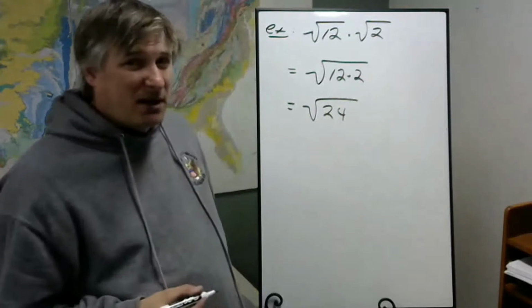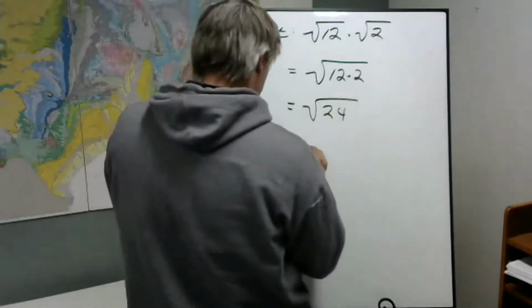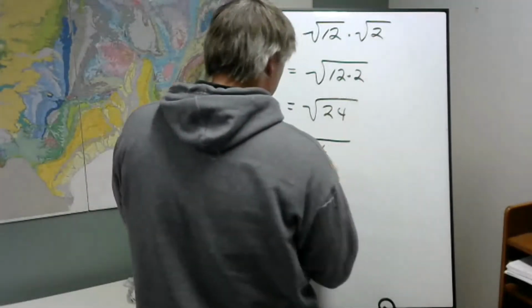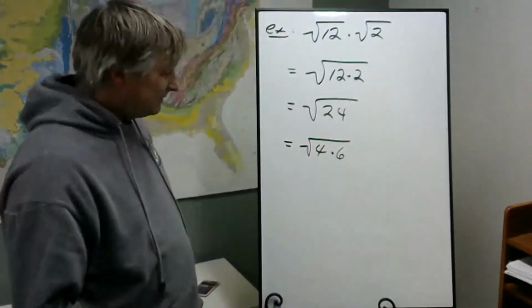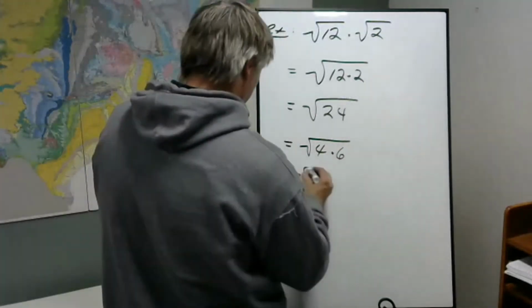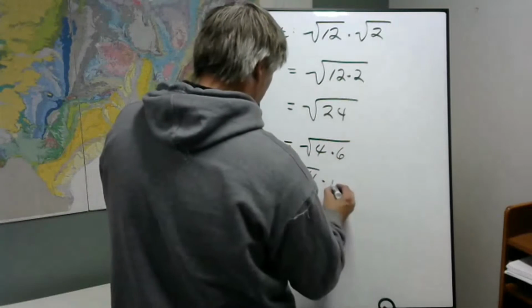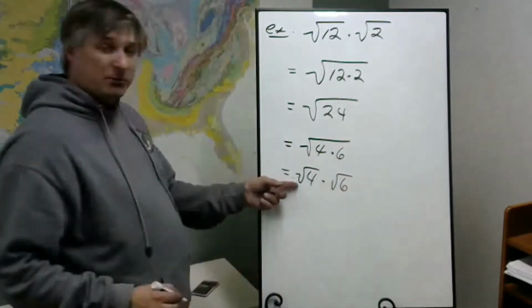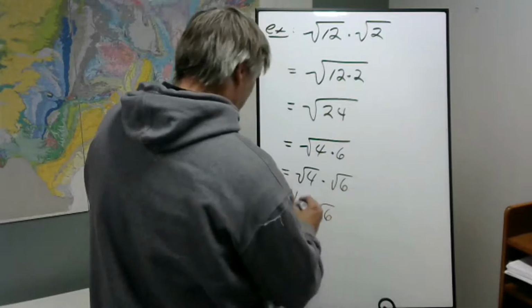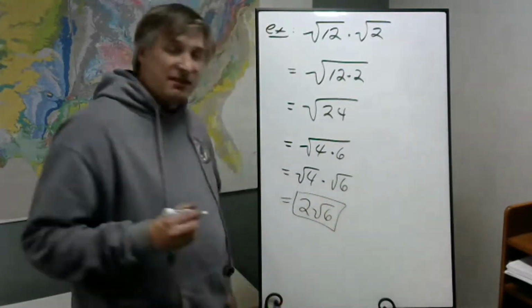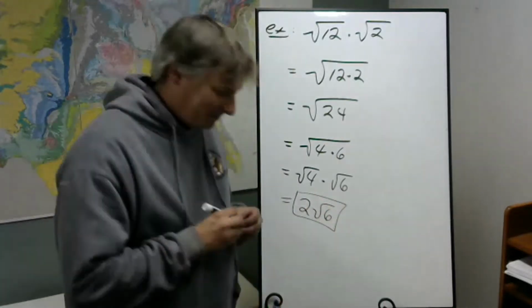But we can break this up: a number with the square root, number 6. Square root of 4 is 2. Square root of 6. And that's going to be your answer.